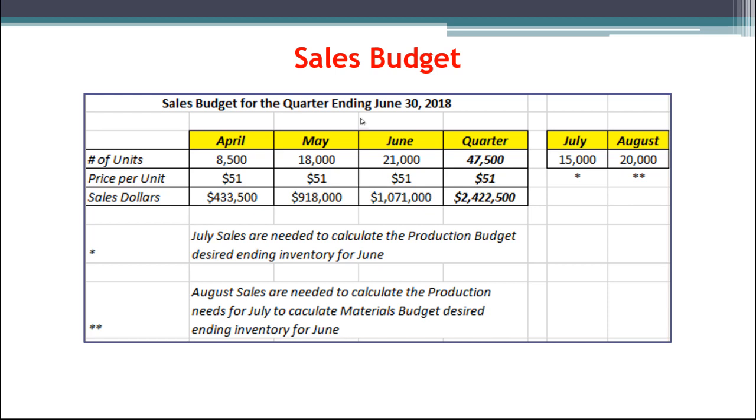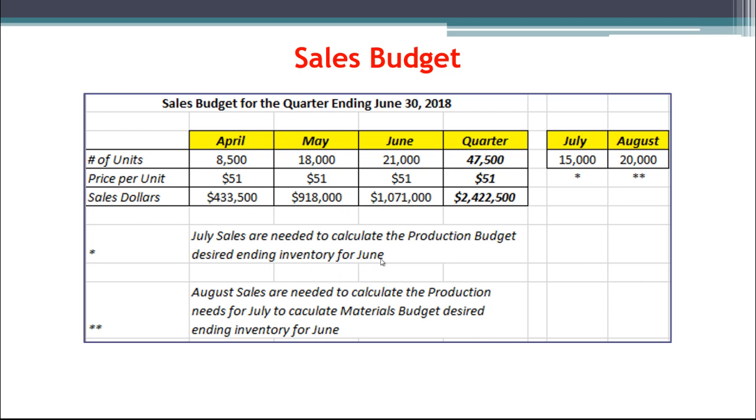When you're doing a sales budget and when you're doing the entire master budget, you also need to know the next 2 months of sales. We need to know July and August. The reason for that, which we'll see in just a bit, is that we need the very next month's sales in order to help us calculate the production budget, desired ending inventory for June.